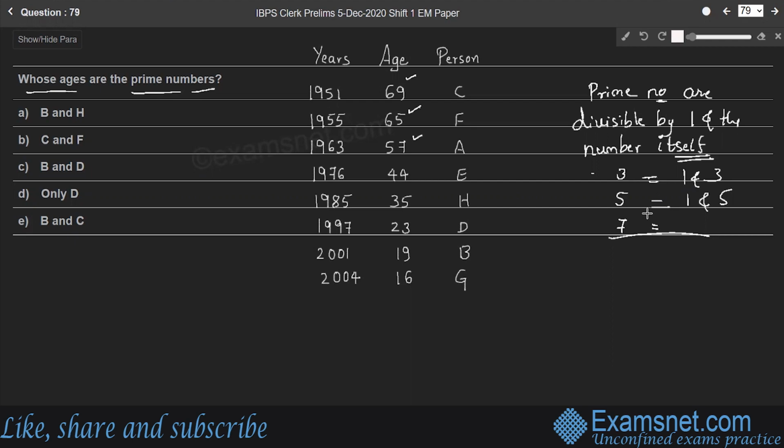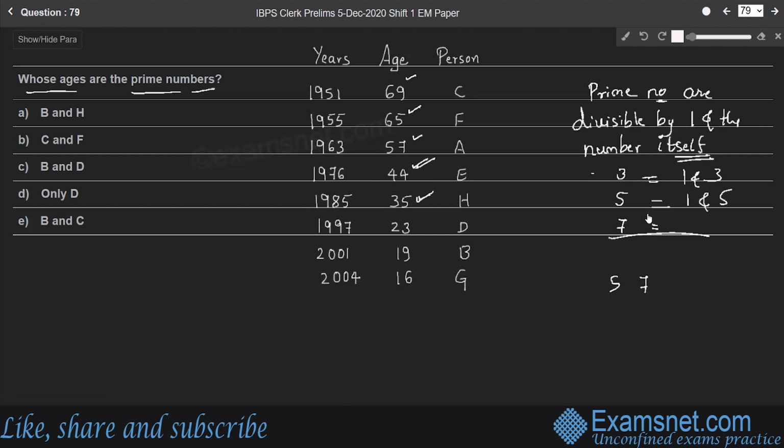One of the factors is 19, right? And 44 has many factors like 1, of course, then 2, 4, 11. Whereas 35, other than 1 and 35, it has 5 as one of the factors, and even 7 is also a factor of 35. 7 into 5 is 35.